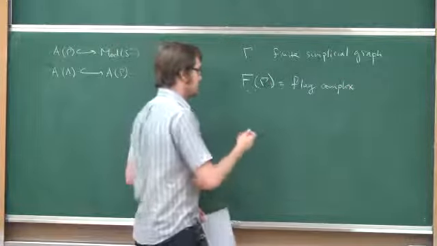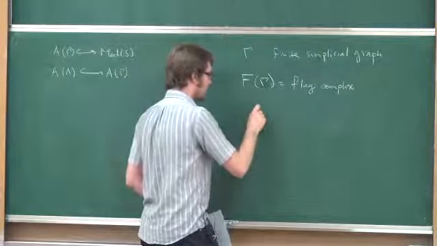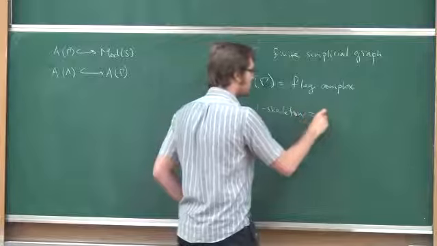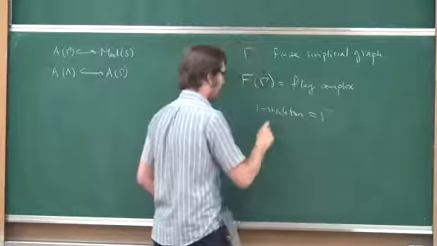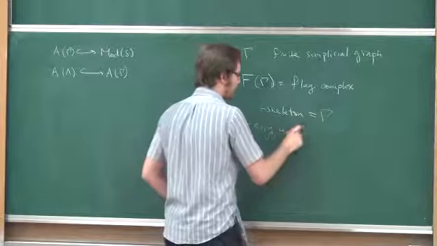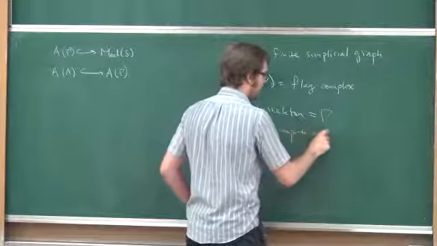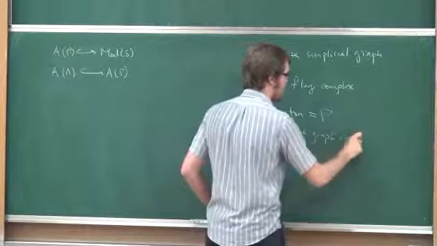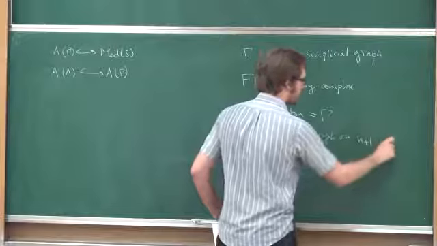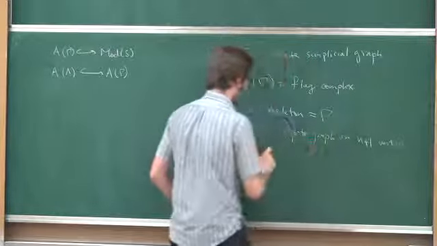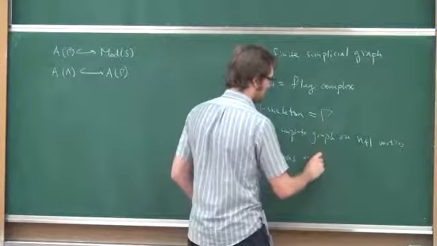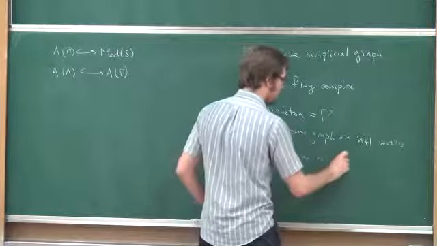This is a simplicial complex whose one skeleton is just gamma, and then every complete graph on n+1 vertices spans an n simplex.